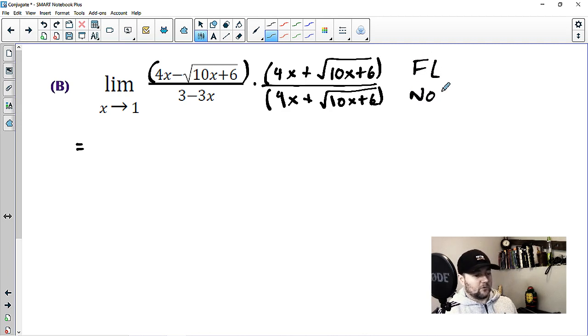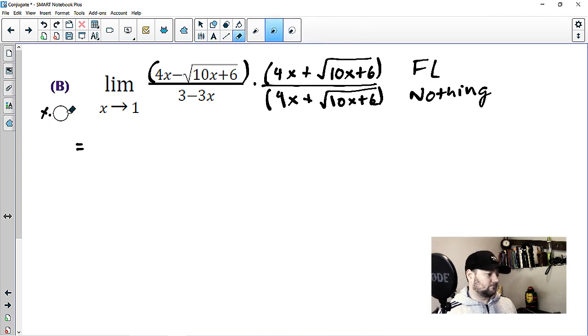Remember, the one that we're conjugating, we FL. The one that we have on the bottom here, we do nothing. Even though that's not completely 100% true with this one, but initially we'll do nothing. And we're expecting x plus 1 to cancel. That's our goal, for that to cancel. Or sorry, x minus 1, not x plus 1. It's always the opposite sign, right? Because it's like the factor.